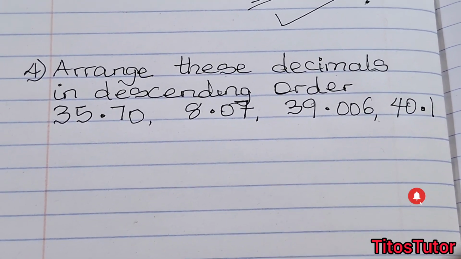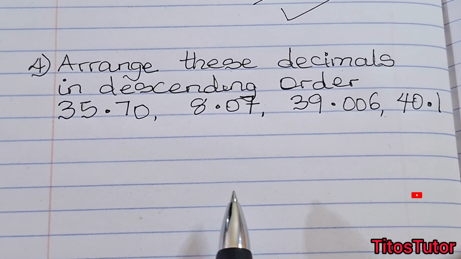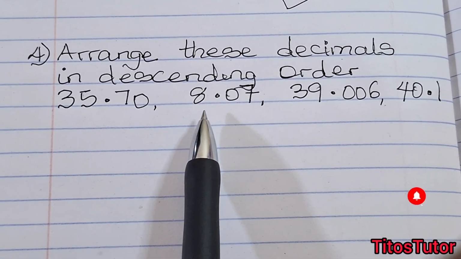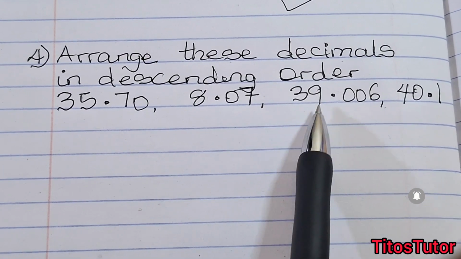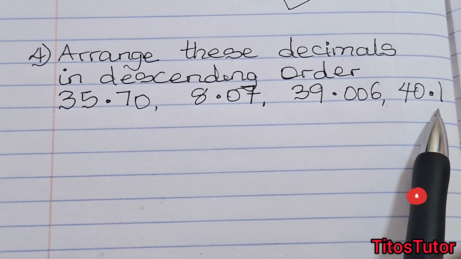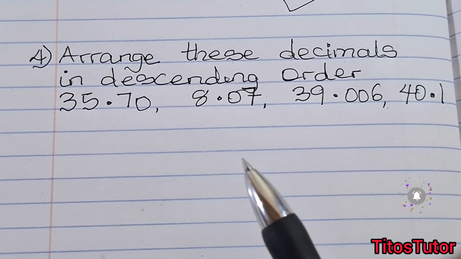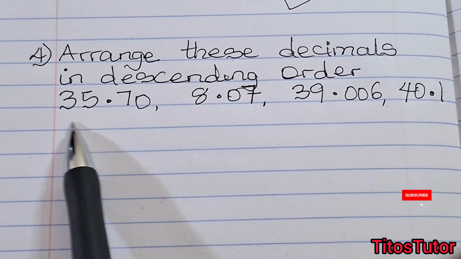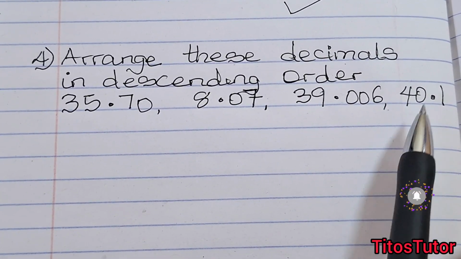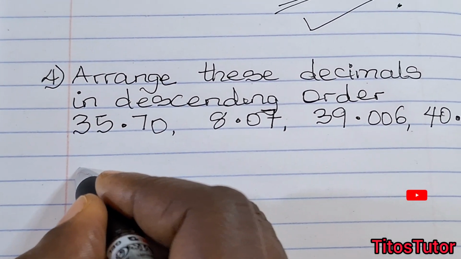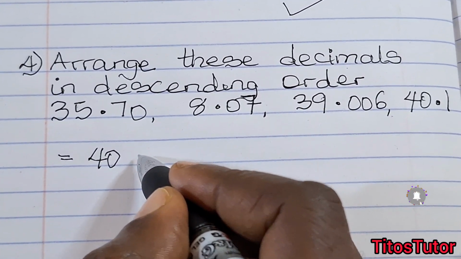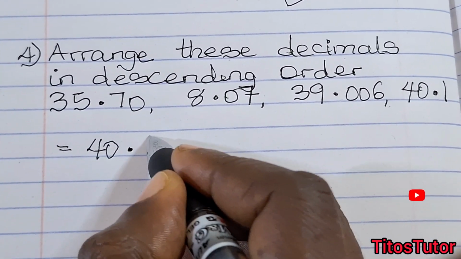So if I am to find the biggest decimal, 35.70, 8.07, 39.006, and 40.1, I consider the whole numbers first. So 39 is bigger than 35. 40 is actually the biggest. So my final answer is 40.1.